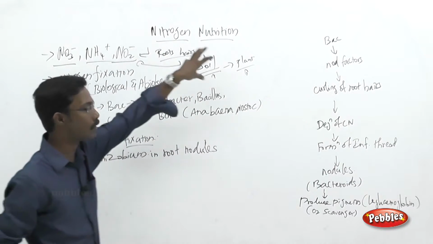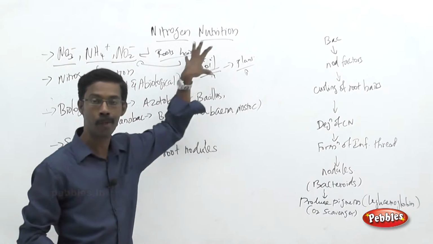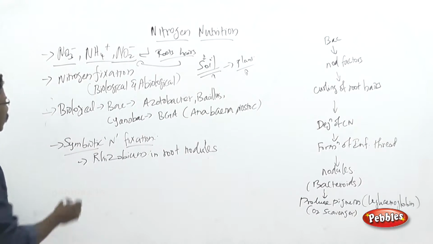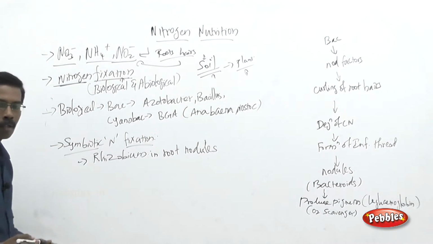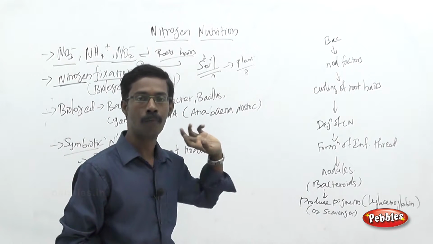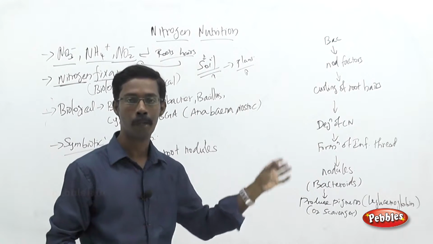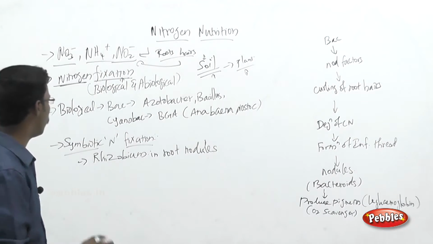It has to be fixed to the soil. Then only can the plant utilize the nitrogen ions. So that process is called nitrogen fixation. So what is nitrogen fixation? It is the fixing, or deposition, of nitrogen from the atmosphere to the soil.